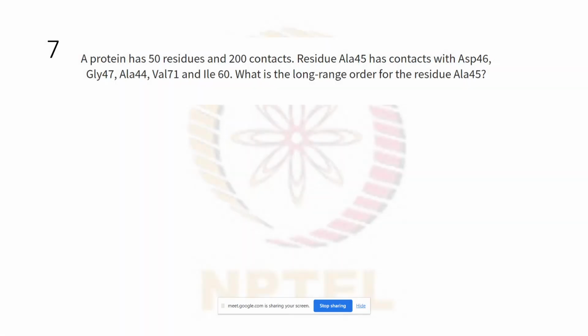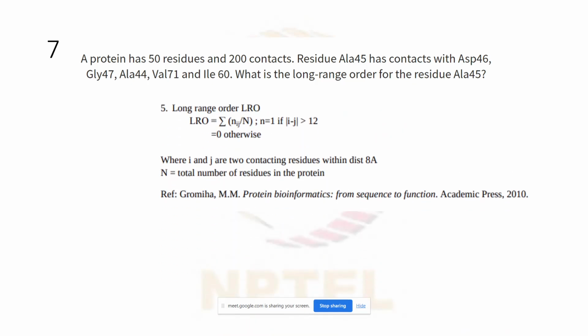So now let's move on to the long range order calculation. This calculation is also similar to the calculation of contact order, with a slight difference in the formula. Here is the formula, where it is calculated by considering a binary value system for the connecting and non-connecting residues, whether they are within the sequence cutoff or not.